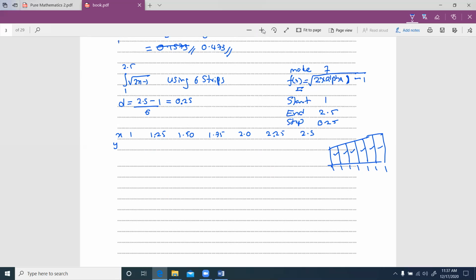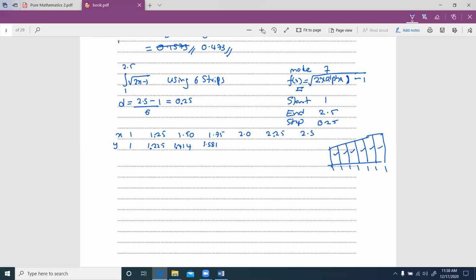The first coordinate is 1. Then 1.25 gives 1.225. 1.5 gives 1.414. The next one is 1.581.